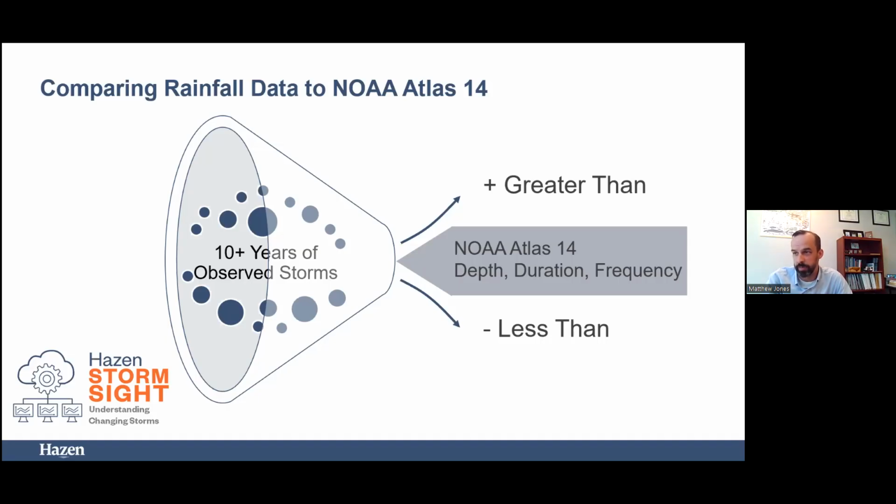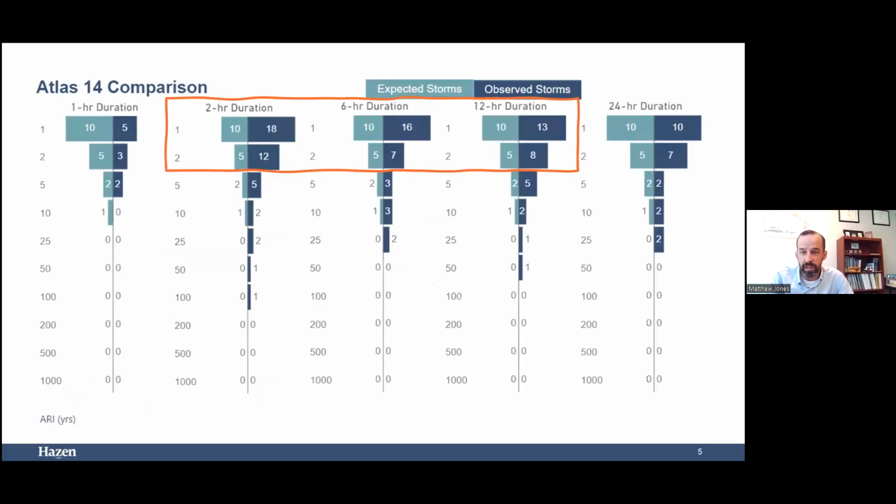It compared about 10 years of observed storms and asked, are these storms occurring at a greater or lower frequency than what Atlas 14 would project on average? This is especially helpful because in many cases, that Atlas 14 analysis can be somewhat dated. And I think we've often anecdotally anticipated that there are some changes. This kind of analysis is obviously very location dependent.